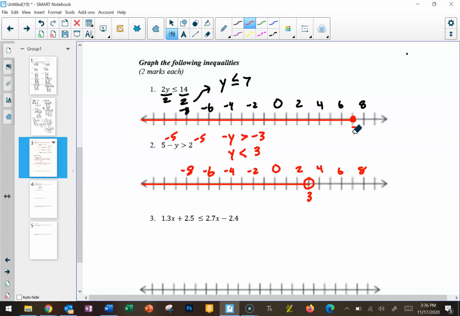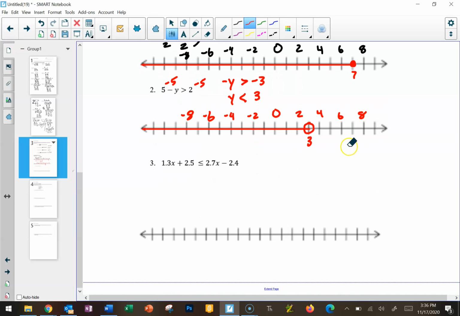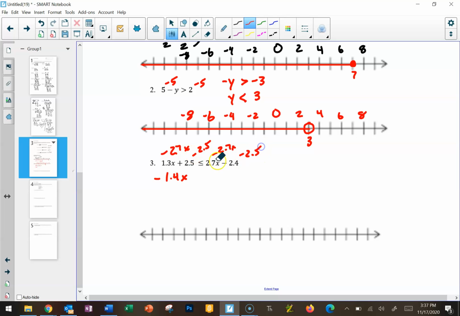So, all right, we've got decimals, so you can feel free to work in decimals. Let's bring this 2.7x to the other side, so that's negative 2.7x. And 1.3 minus 2.7 is going to leave us with a negative 1.4x. And then let's bring this 2.5 to the other side. So I got to do minus 2.5 on both sides. That cancels, that cancels.